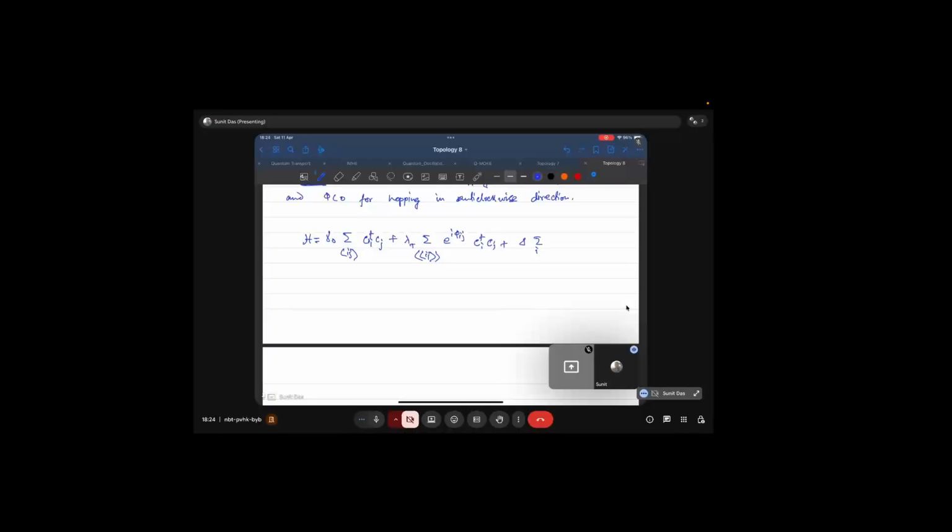These are not summed over the ij combination because these are on-site. So there will be xi actually and c_i dagger c_i. Okay. So this was the Hamiltonian. This is the conventional nearest neighbor hopping, this is the next nearest neighbor hopping, next NN, and this is the on-site potential.